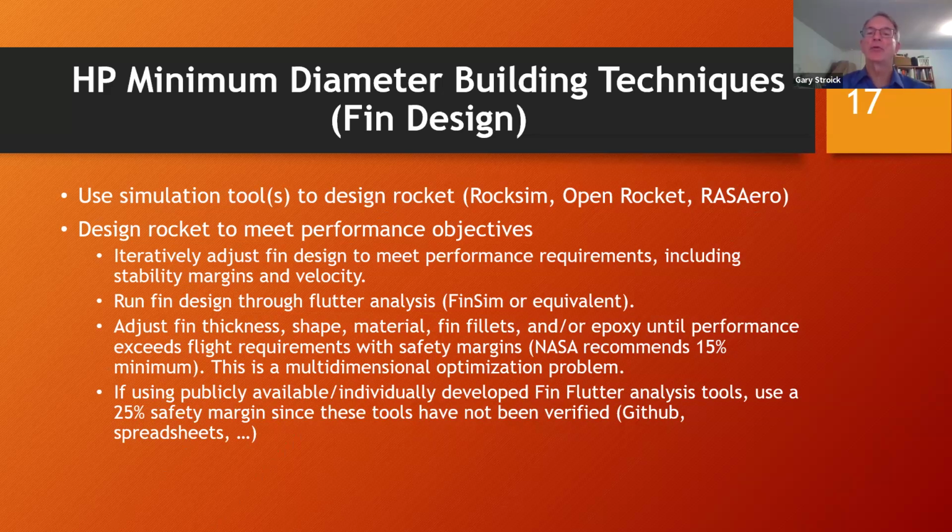Is it going to, based on the material it's made out of, is that fin going to break, either through fin flutter or fin divergence? And so you probably want to try a number of different speeds and altitudes, and that's why you want to run the simulations in OpenRocket or whichever tool you choose and see how fast you're going at different altitudes.